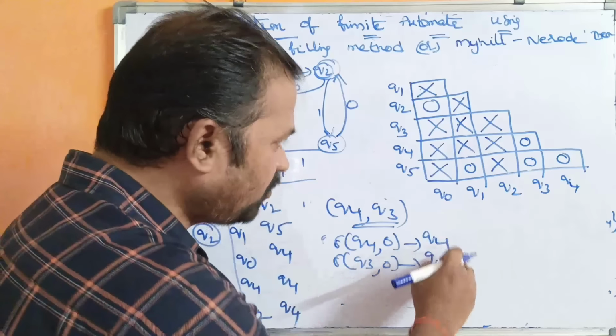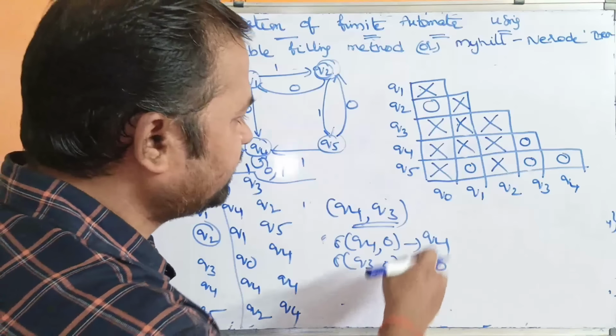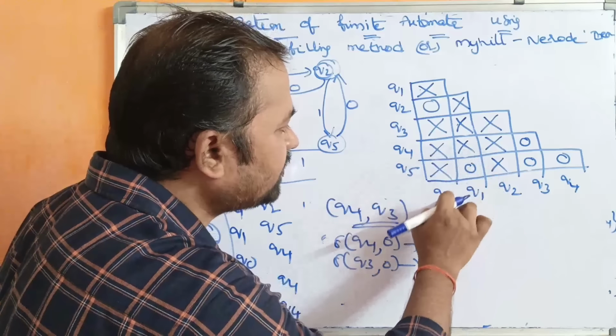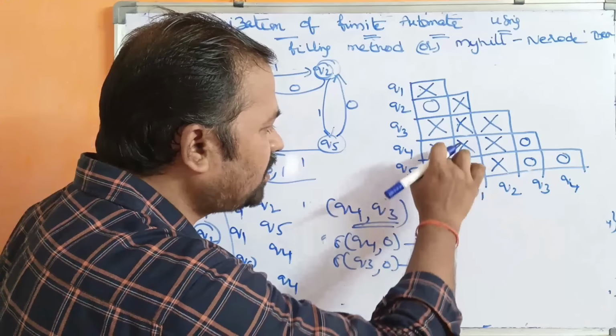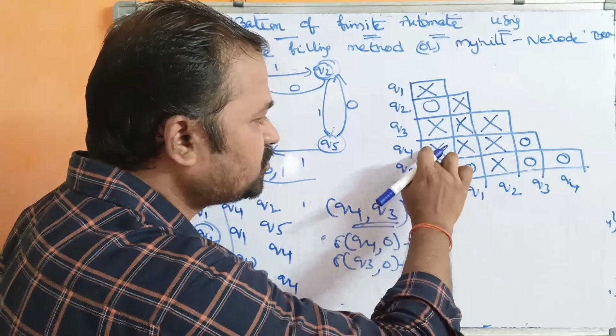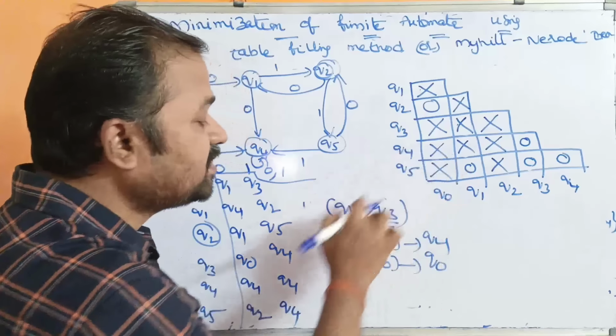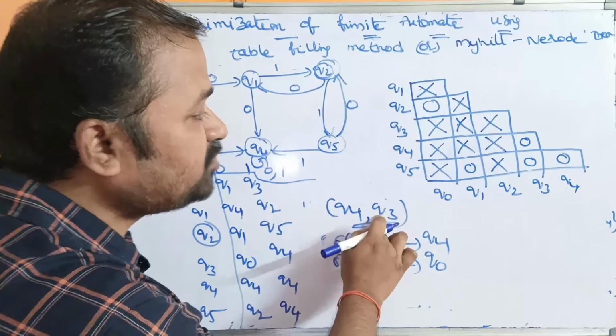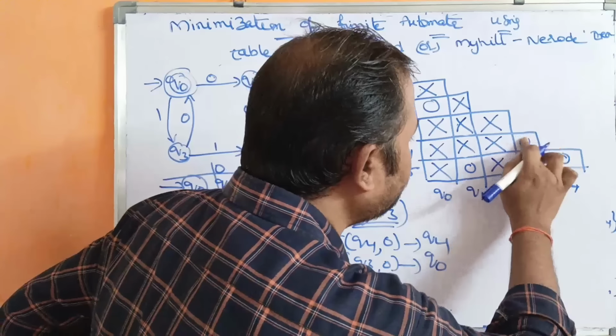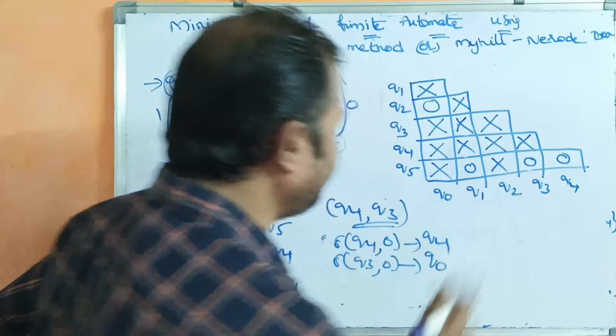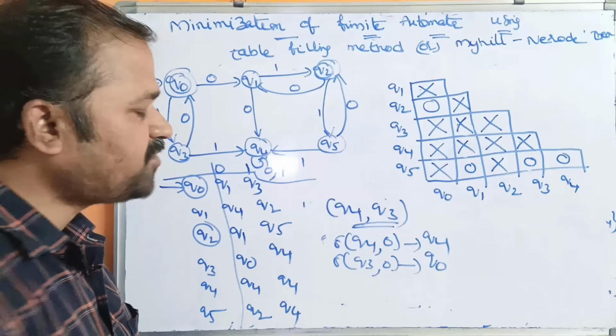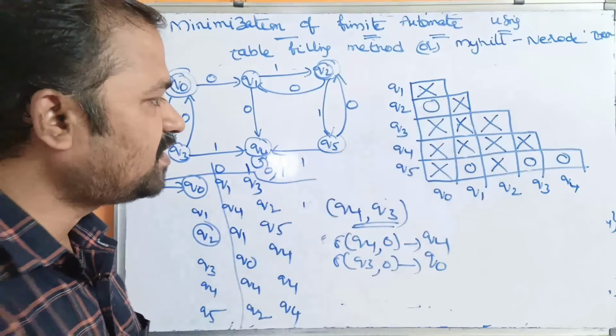Now let's check the Q0, Q4 pair. Q4, Q0 pair is marked, so we can mark Q4, Q3. Now there is no need to apply the 1 symbol because this is already marked.